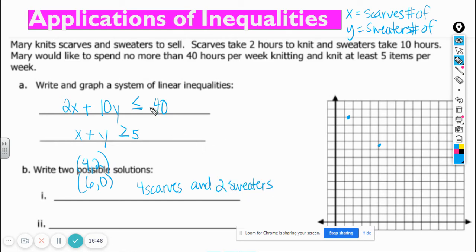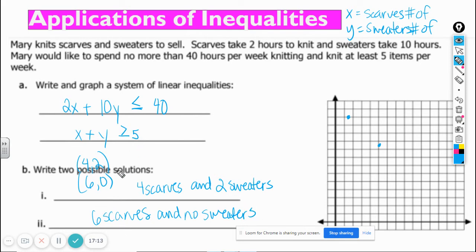That would mean that she would work less than 40 hours a week, but she'd still have at least 5 or more items. Yes, because she made 6 items. Or she could do 6 scarves. But if she does 6 scarves, then she can't do any sweaters. So that would work.